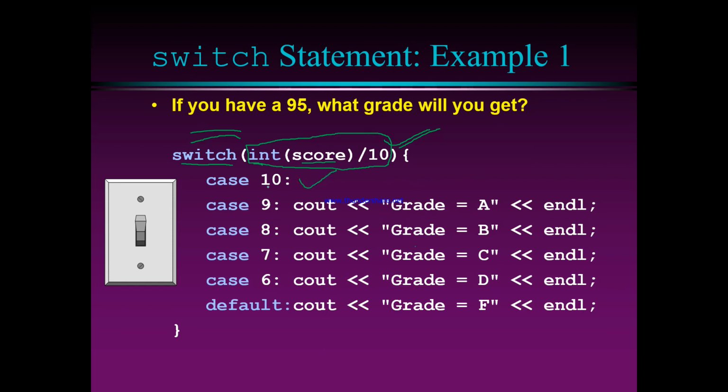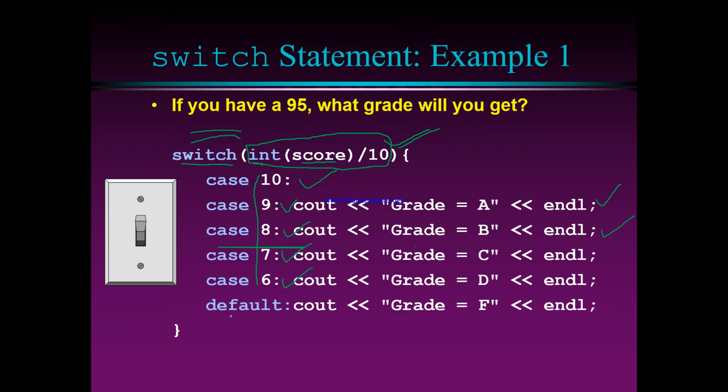This is for the 100, this is for 90 and above, this is for 80 and above, this is for 70 and above, and this is for 60 and above. If one of these grades is achieved, the corresponding statement will be executed.